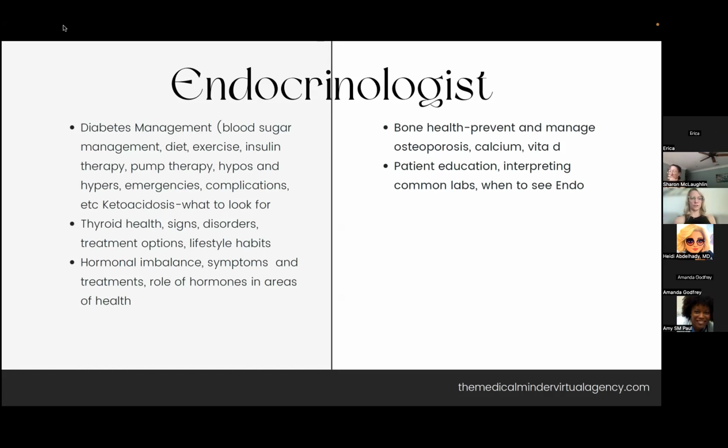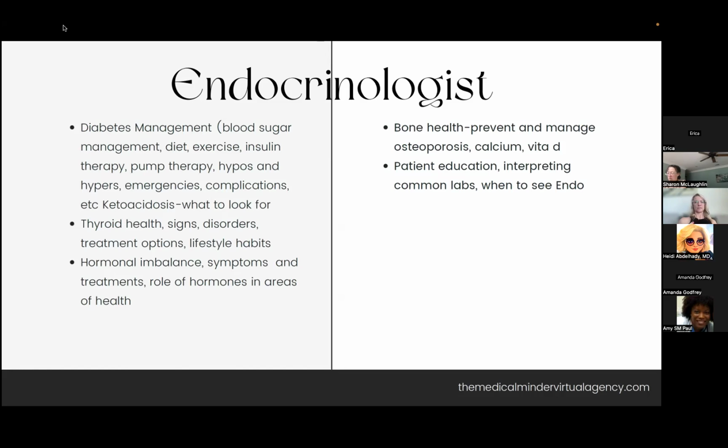General practitioners don't always have ketoacidosis as their first thought when your child is becoming diabetic. So really educating parents and people on what it looks like, when you need to go to the doctor, and what tests, like the A1C, that's so important. And it avoids crises. And then thyroid health, really just educating people on that.